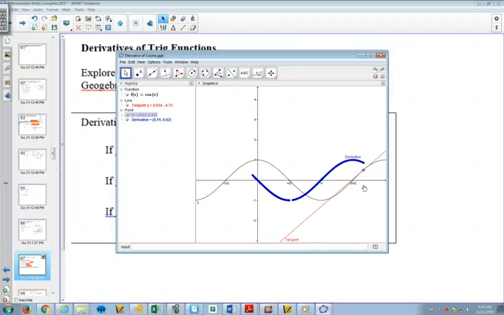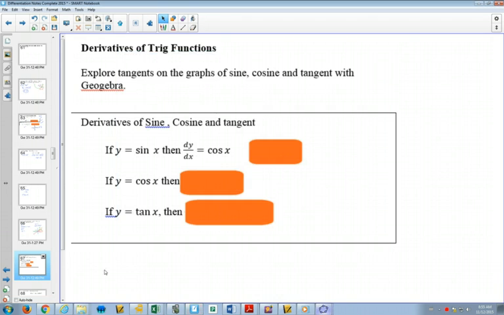And then from pi to 2 pi, those slopes are positive. Now, of the infinitely many different sine and cosine graphs that you could describe this as, which one do you think is the easiest? Negative sine. So derivative of cos is negative sine.